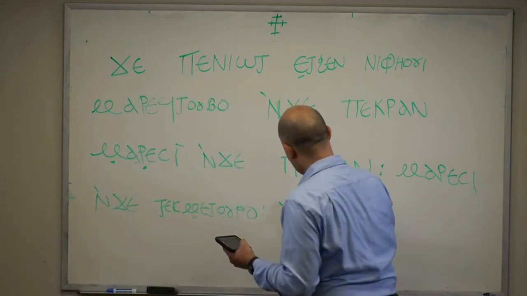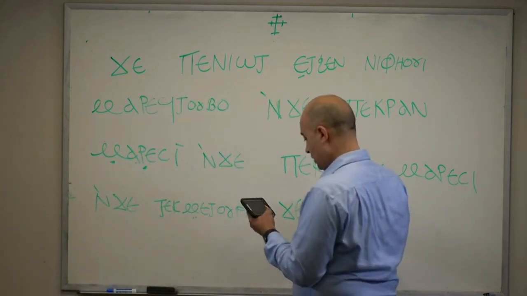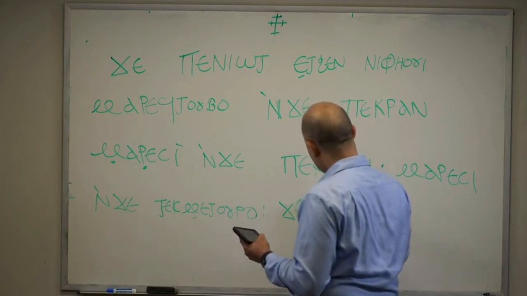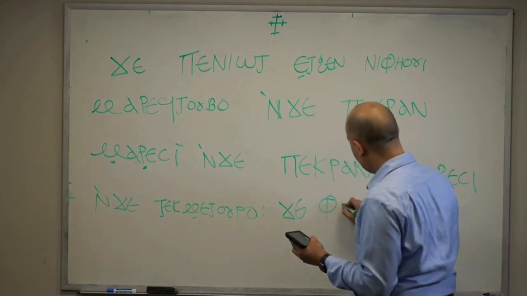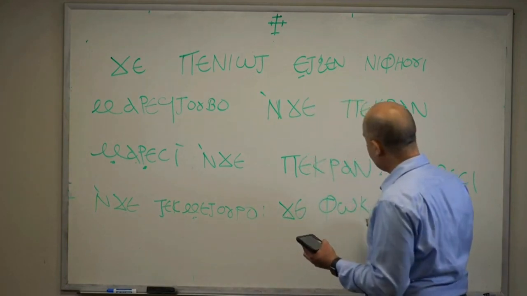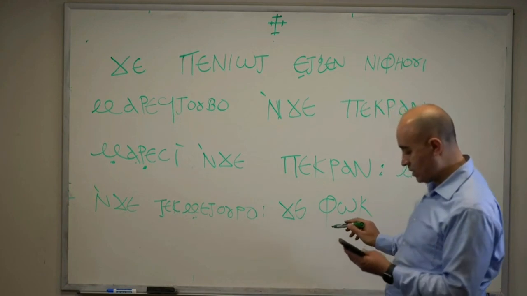Then J. Let's make it a little bit farther away. Folk. Very common mistake that people would say it's voke.